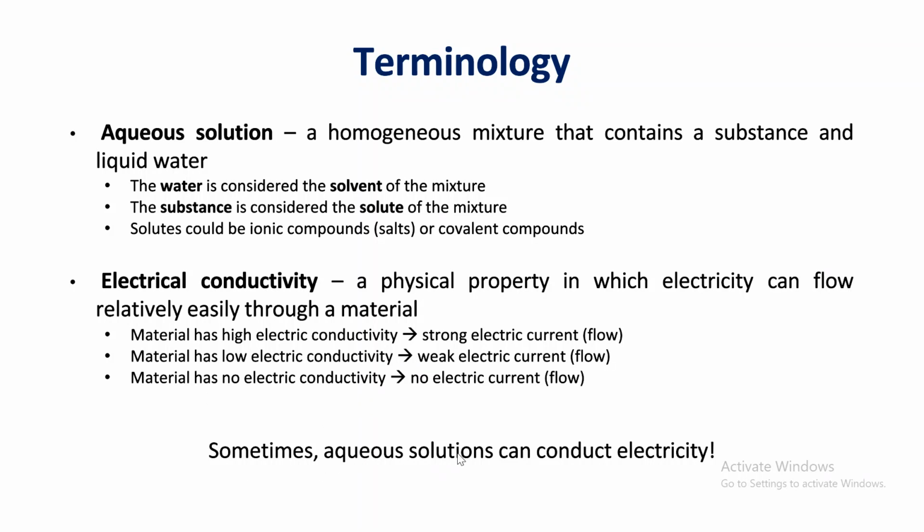Sometimes aqueous solutions can conduct electricity because when they are dropped in water, they dissociate or break into their ions. Ions are charges, and the movement of charges can allow the substance to conduct electricity.